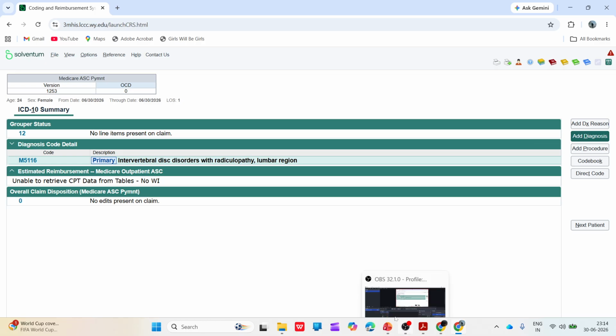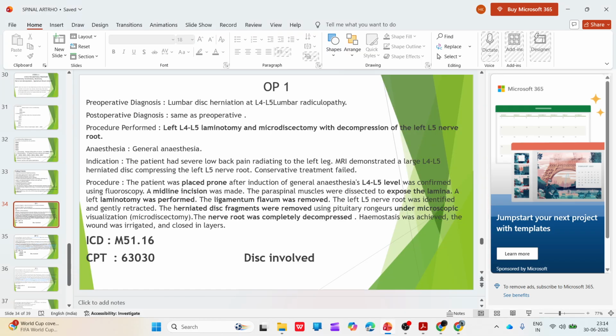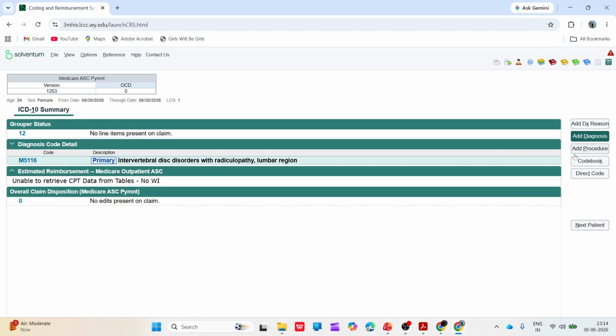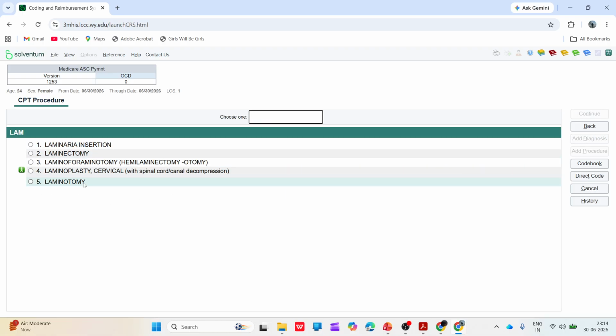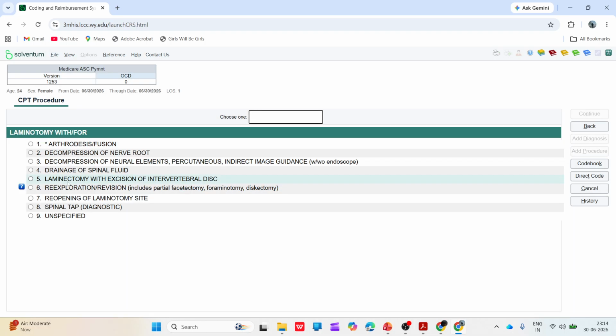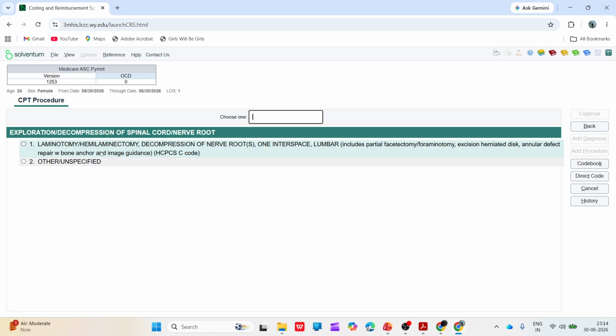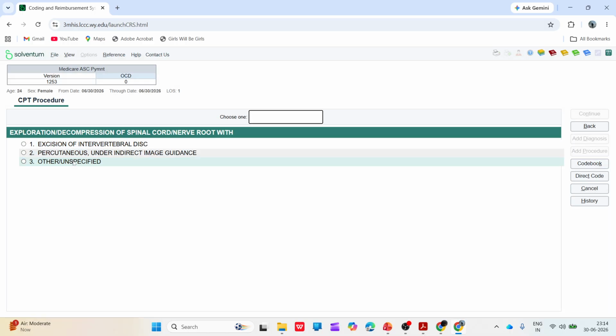Now, for the next, that is the laminotomy. So we will navigate the term by laminotomy. After that, decompression of the nerve root. Yes, it means radiculopathy. And after that, other unspecified.